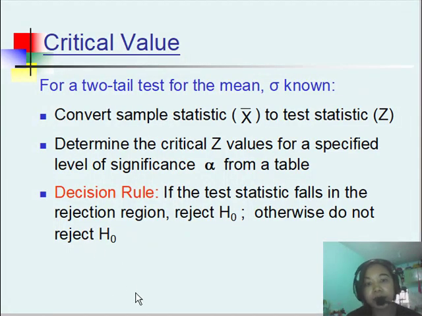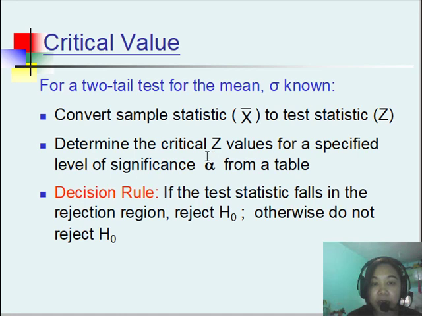Then the decision rule would be: if the test statistic falls in the rejection region, we reject the null hypothesis. Otherwise, do not reject the null hypothesis. I have already introduced to you how to determine the rejection area. First, we have to determine the critical values.